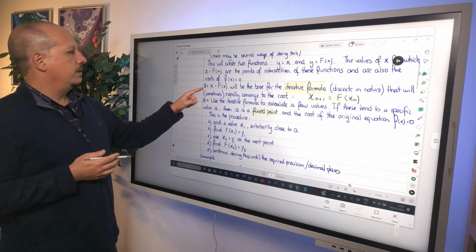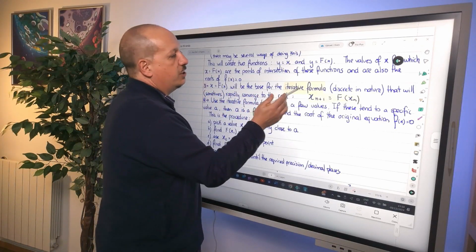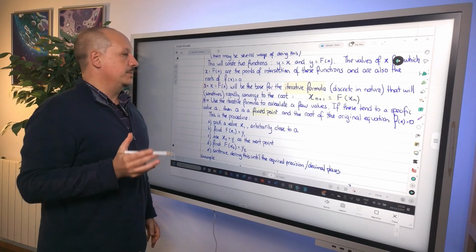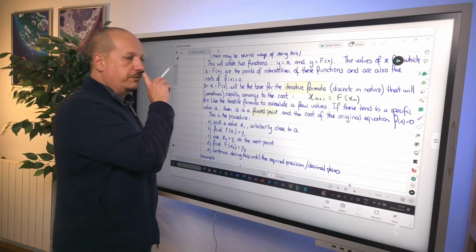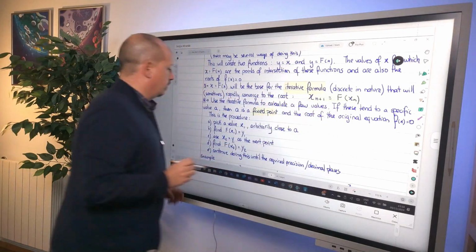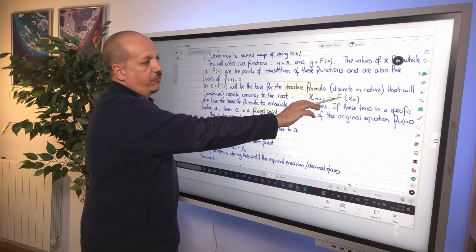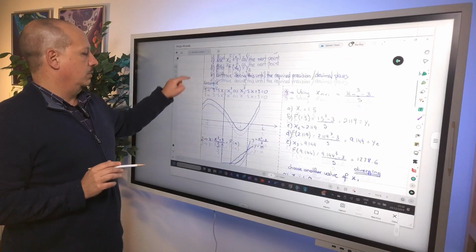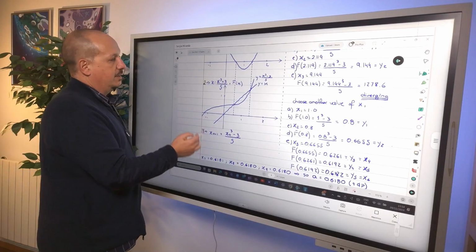Step 3. Now that you have this, this will be the base for the iterative formula that will sometimes rapidly converge to the root, and the iterative formula is this over here: x of n plus 1 equals big F of xn. So you are going to transform this into the iterative formula, all right?